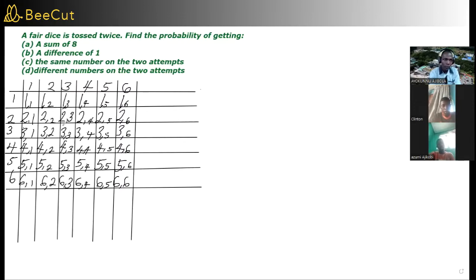Okay. Now let's attempt. What is our sample space? How many entries do you see here altogether? You don't count the first line and the second line. So just count all these entries.